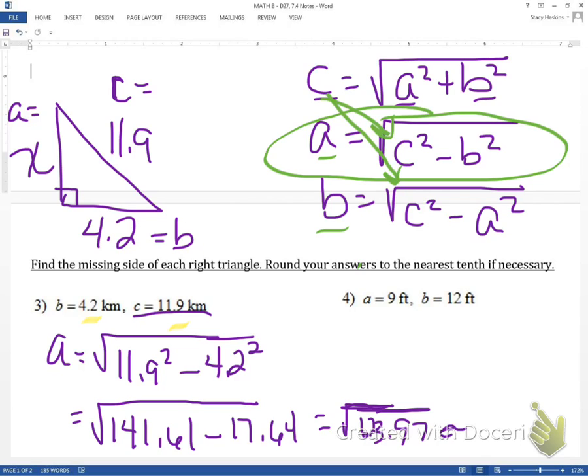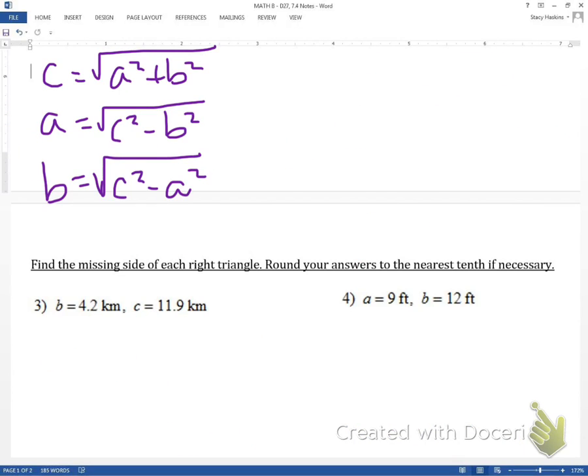So my final answer is about 11.1 kilometers because our 2 other measurements were in kilometers, so that's side A. I want you to go ahead and try problem number 4 on your own as far as you can possibly get, and then push play and let's see how well you did.